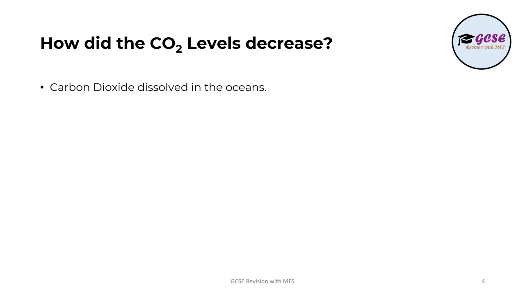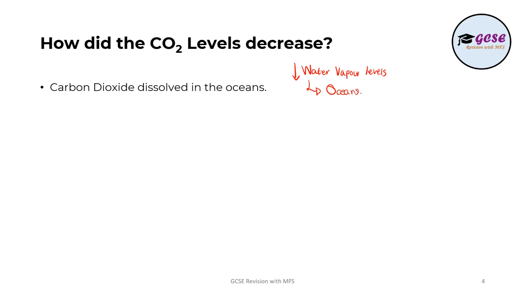The first thing is that the carbon dioxide, which was in the air, dissolved in the oceans. Remember, we saw a decrease in water vapor levels because the water vapor was forming the oceans.